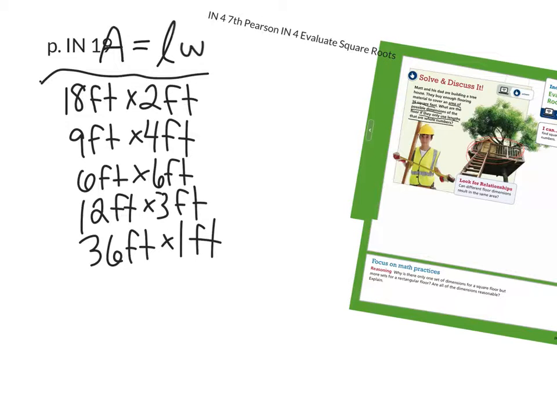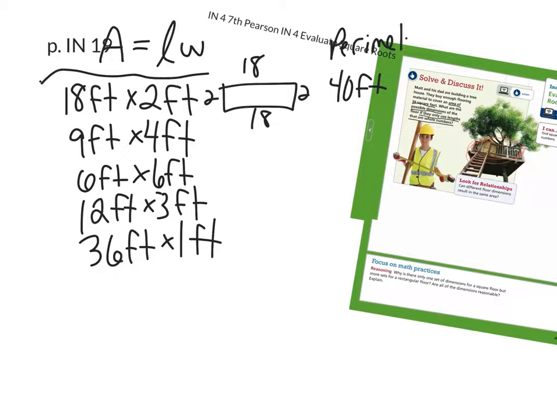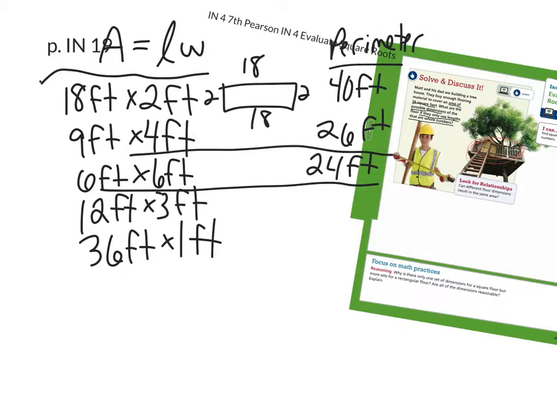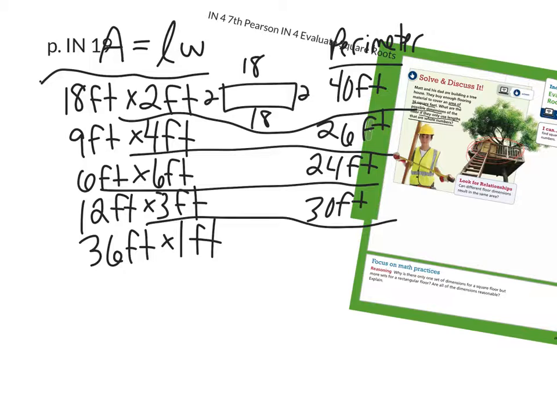So if you think about these, if this is 18 by 2, 18 by 2, that's 40 feet for the perimeter all the way around. 9, 4, 9 and 4, that's 26. 4 sixes is 24. 12, 3, and a 12 and a 3, that'd be 30. 36, 1, 36, 1, that's going to be 74.